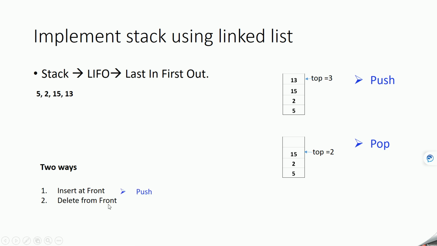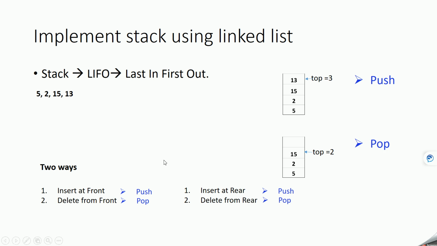This will be push operation and this will be pop operation. There is another way where we insert the data at the end or rear of the linked list and delete from the rear or end of the linked list. Again, this will be push operation and this will be pop operation.